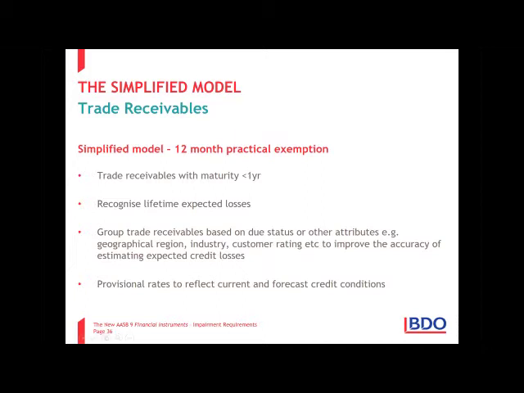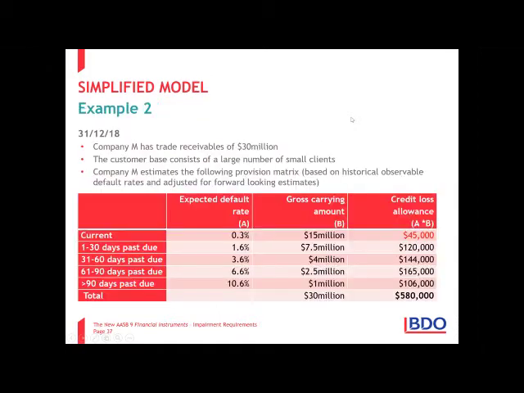And that would improve the accuracy of you estimating your expected credit losses. And the provisional rates would not only reflect past experience, current expectations, but should include some kind of forecast of what the future credit conditions would be.